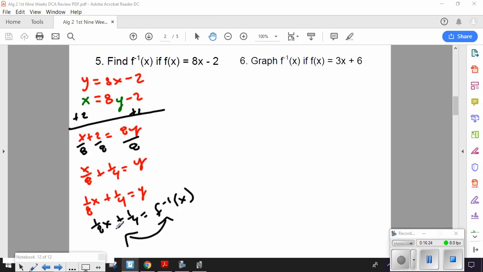For number 6, it would like for us to graph f inverse of x. Well, let's create a table.